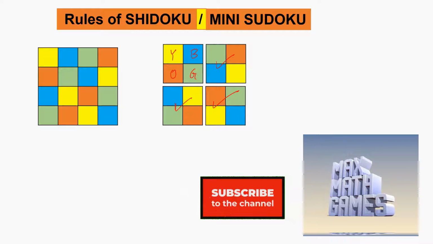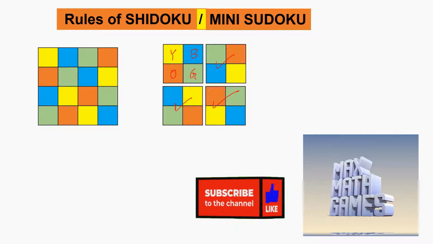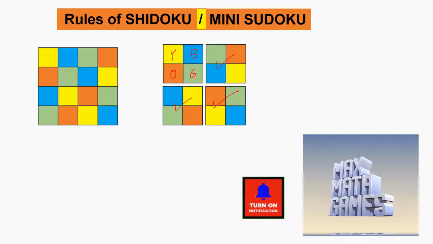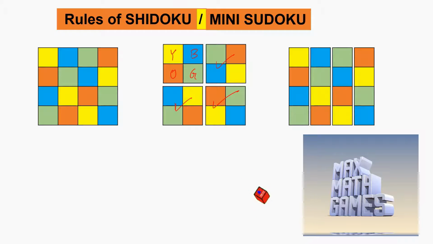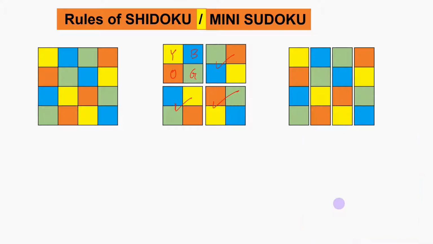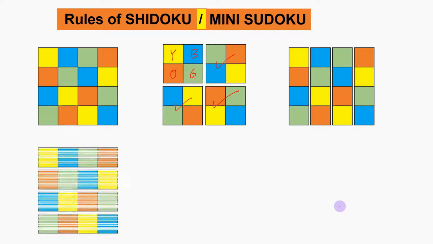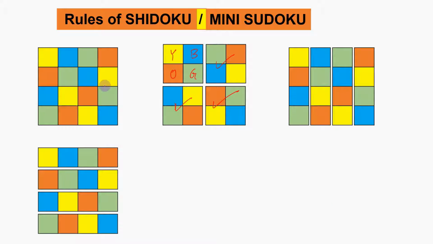And moving further, we observe that if we break down the original square into 4 columns like this, then each column contains one yellow, one orange, one blue, and one green square. Similarly, if we break down the original square into 4 rows like this, then each row contains one blue, one yellow, one orange, and one green square.